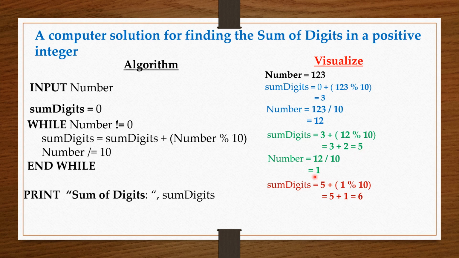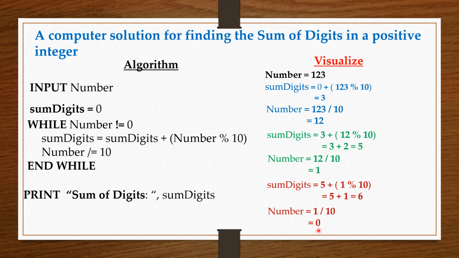So we have 5 plus 1, which gives us 6. Then on the next line, number divided equals 10. So the number 1 divided by 10, we get 0. At the end of the third loop, SumDigit equals 6. That means it holds a value of 6 and number is 0.